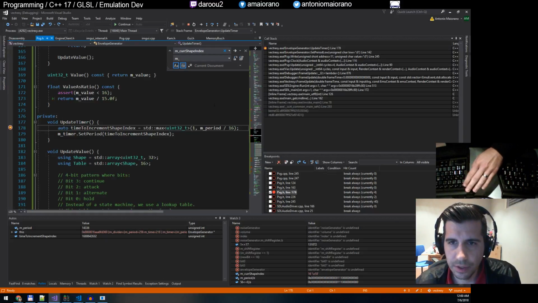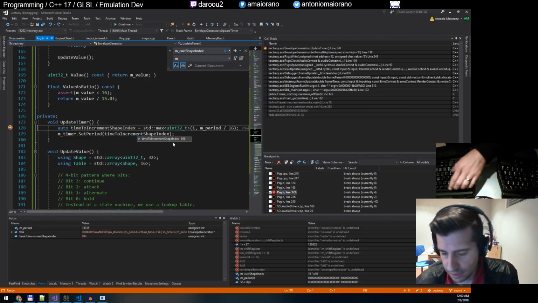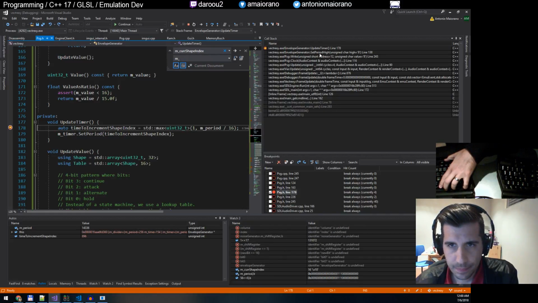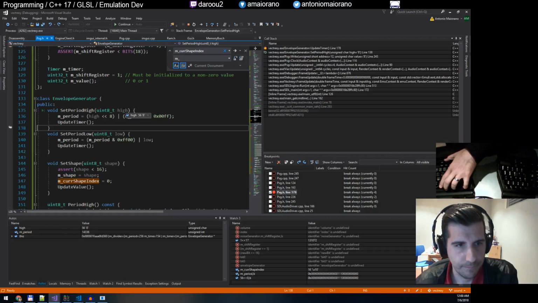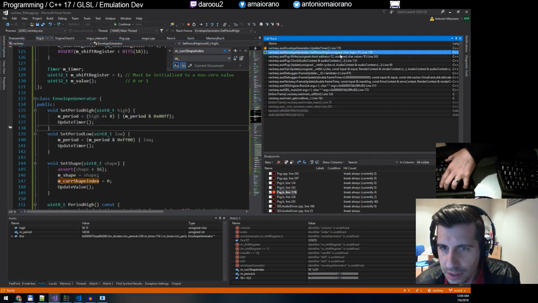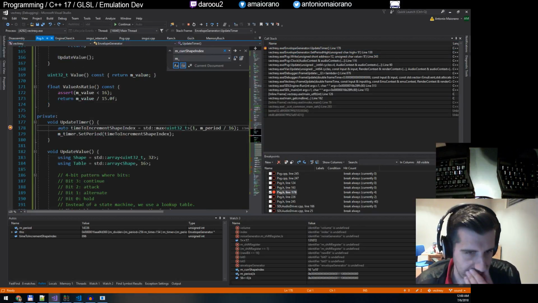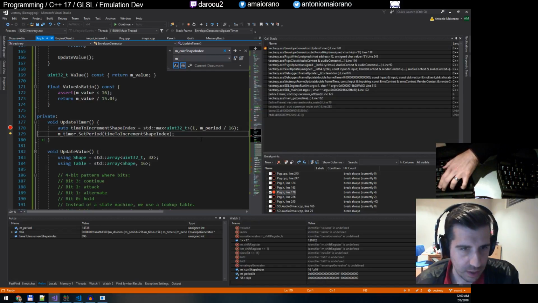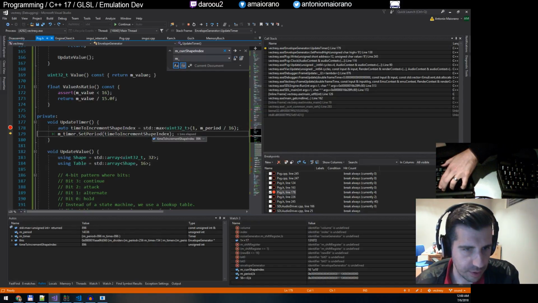Clear out the low, set the high to 8. I mean, not 8, 56. Character 8. That's confusing. So 56. And then we want the timer to increment every 896.